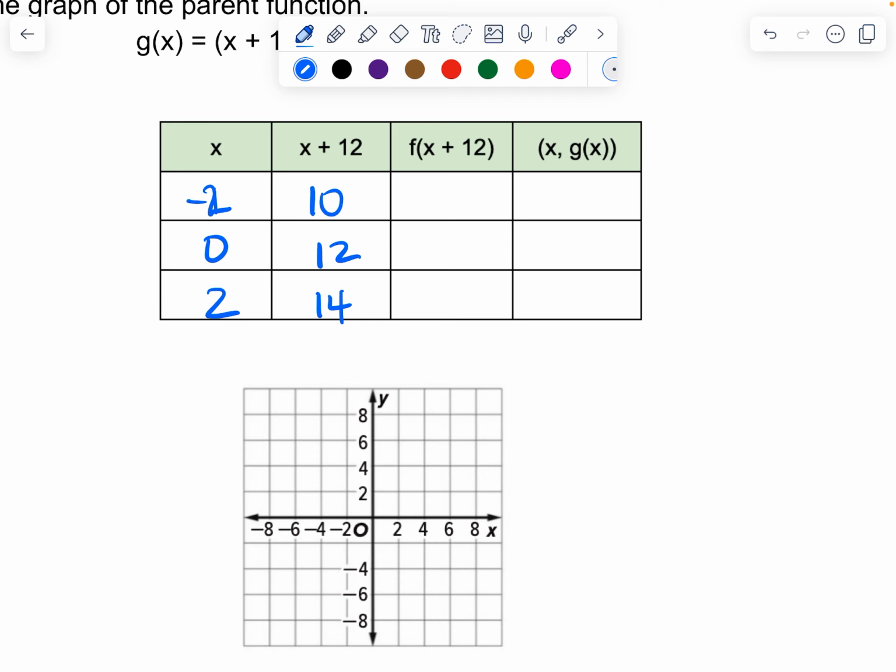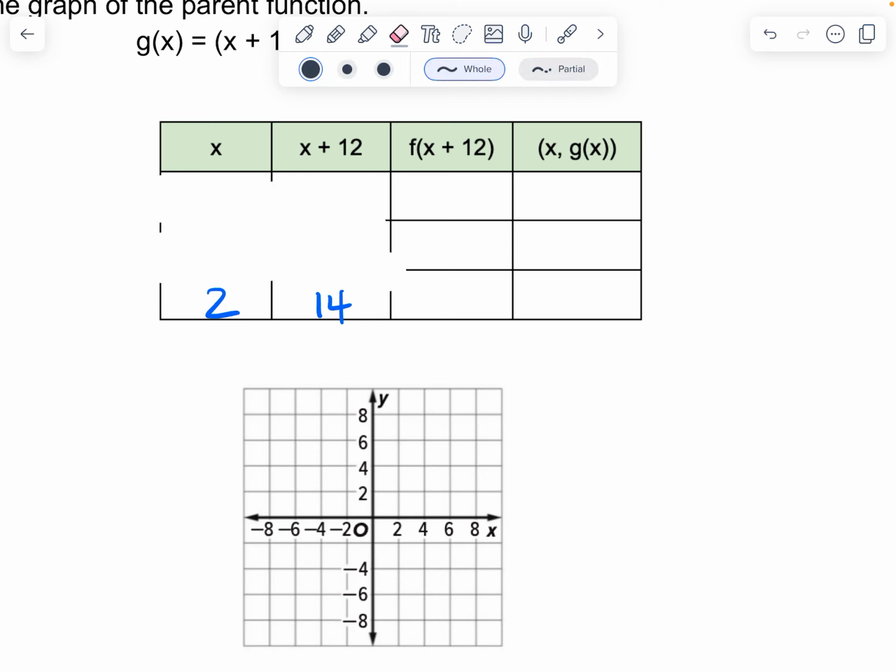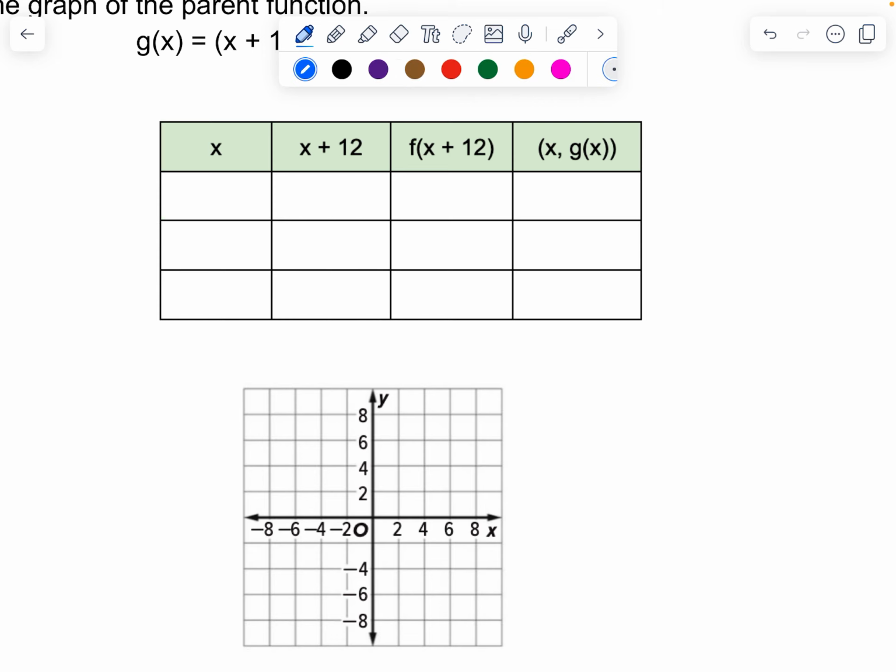We're going to pick different numbers just so that it fits on this graph. -6, -4, -2. This is going to be 8, 10.